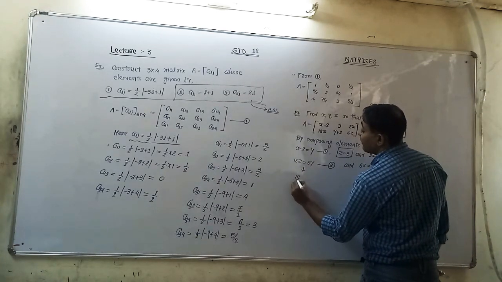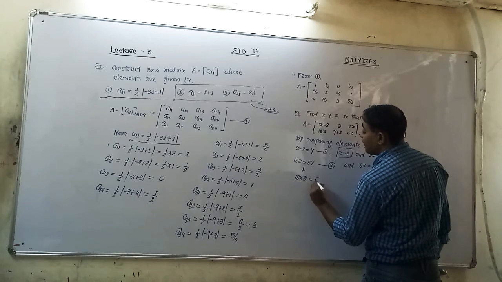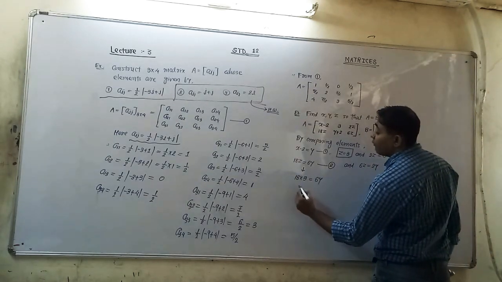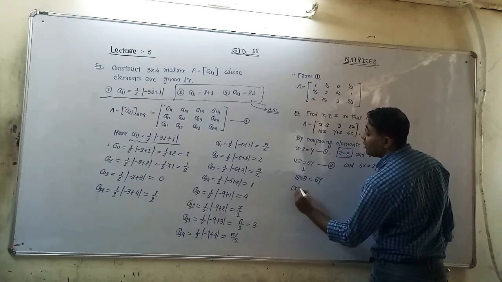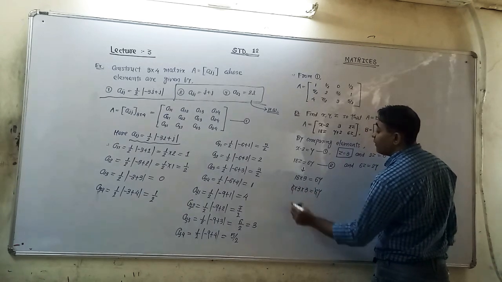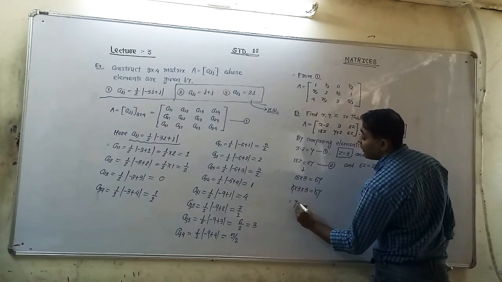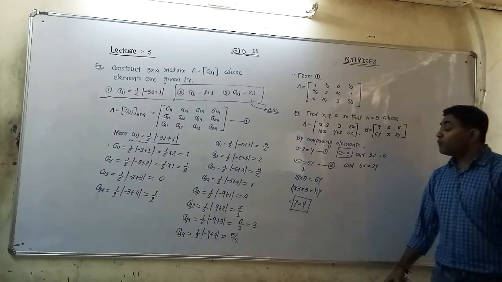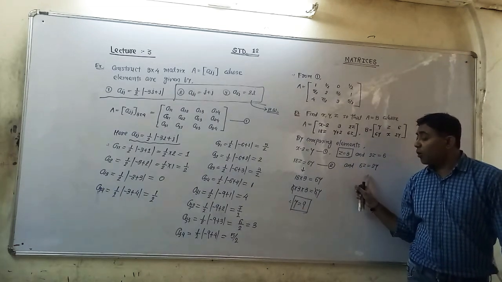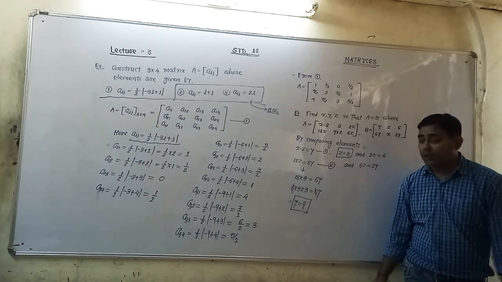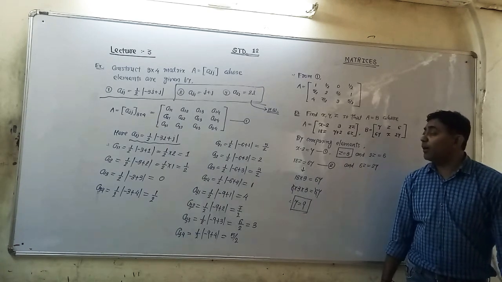Now 18 times z is 6y. From this what we may say? 18 into 3 is 6y. Is it clear? Therefore 6 3s are 18 as 6y, 6 cancels, and therefore y is 9. It means the value of y is 9. Also check whether it satisfies this equation or not. Put 9 there, 2 9s are 18 and 6 3s are also 18. So finally z is 3 and y is 9.